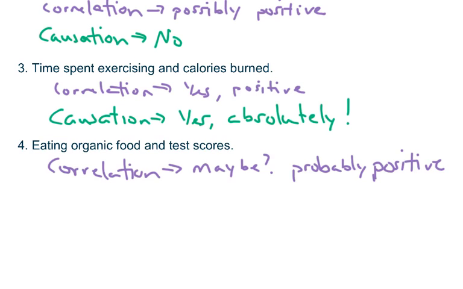And if we can't say there's correlation, then I don't know how we can say there's causation. If there's not correlation, there's definitely not causation. I'm saying this one's a no. We don't know. I haven't seen any data that says eating organic food leads to increased test scores or causes your test scores to get better. So we'll just leave that one as a no.